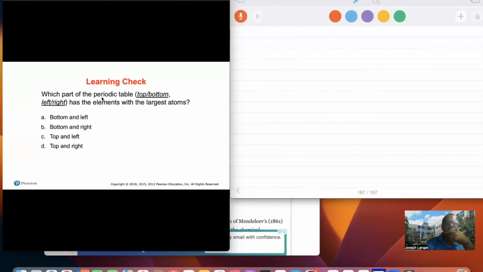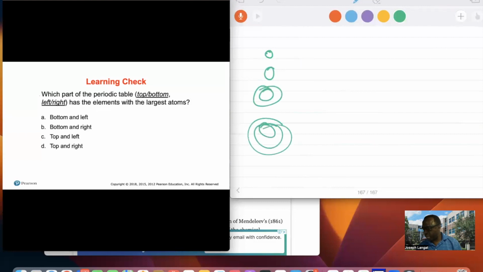Which part of the periodic table, top or bottom, left to right, has the element with the largest atom? If I go down, it gets larger and larger and larger, and then it gets smaller and smaller as you go across. So we want to see the periodic table element with the largest atom.